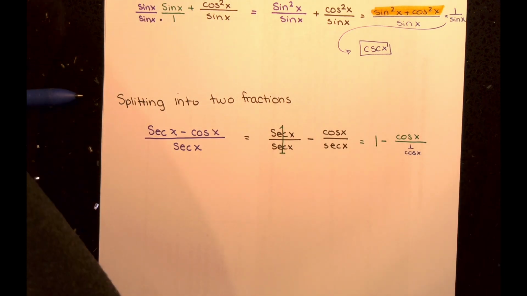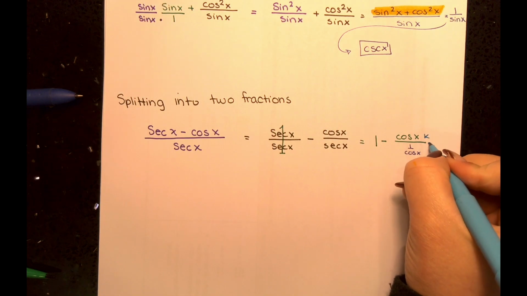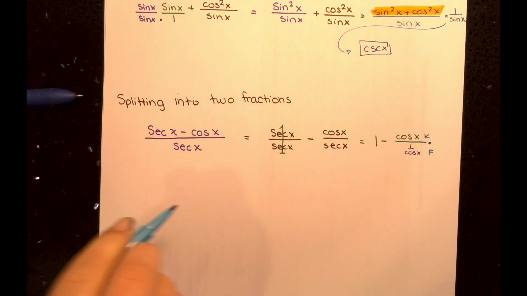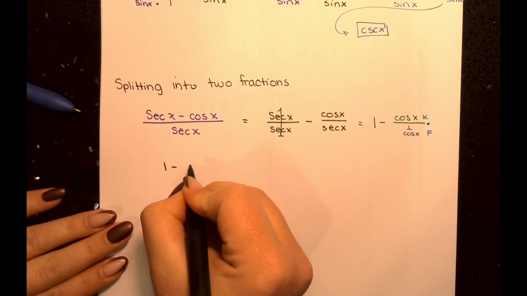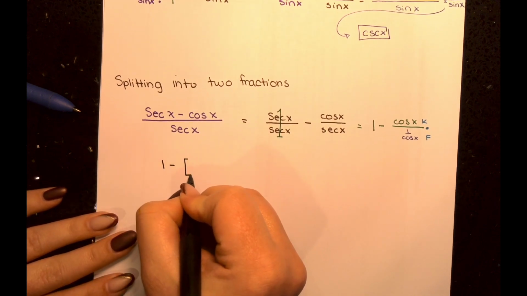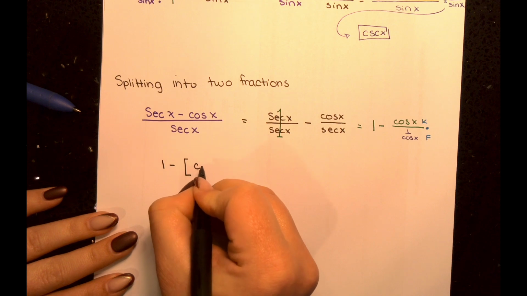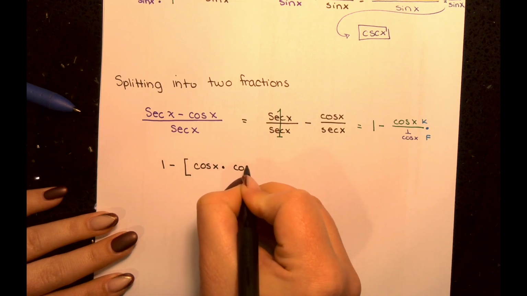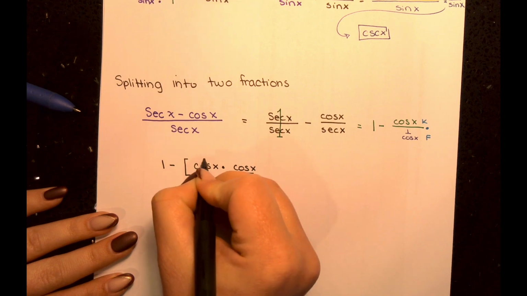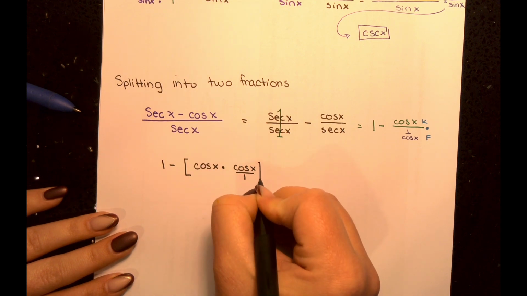Once again, we have our keep, change, flip. So we end up having 1 minus, I'm going to put this in a bracket because we're doing this off on its own, cosine of x times cosine of x over 1, keep, change, flip.